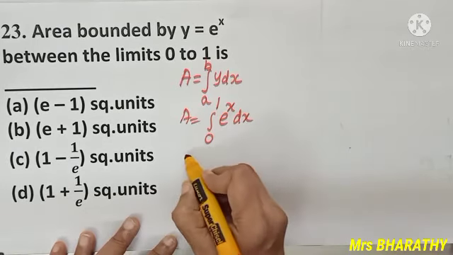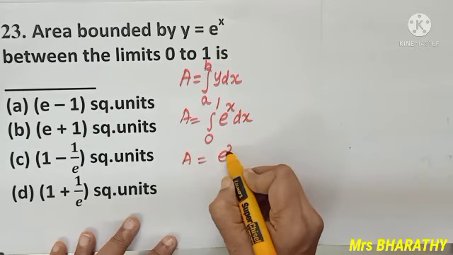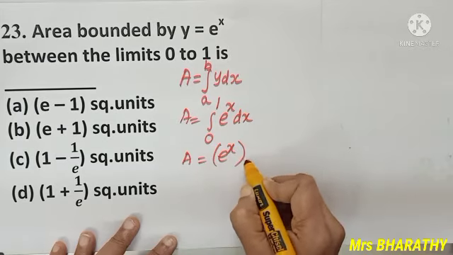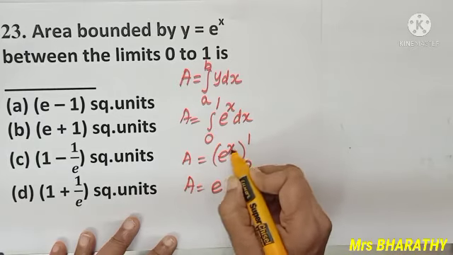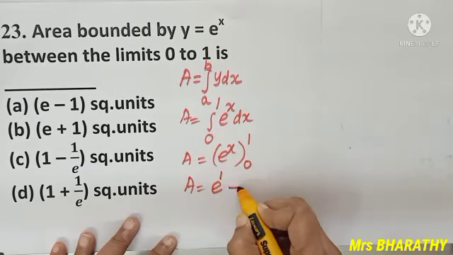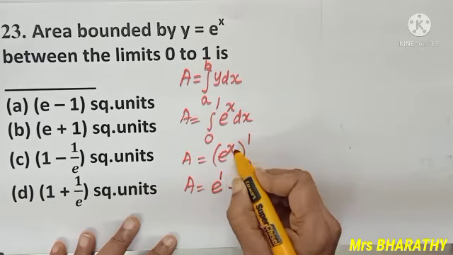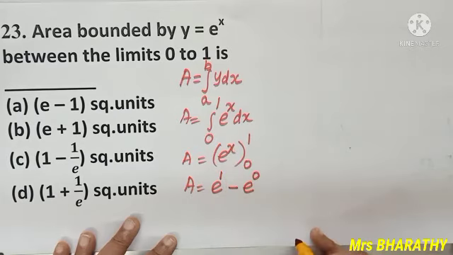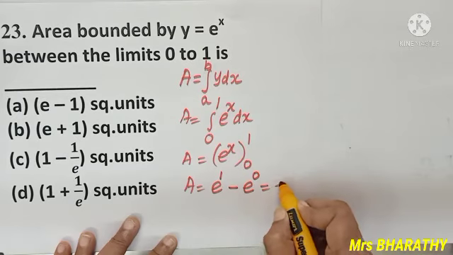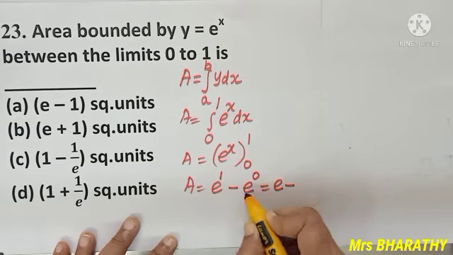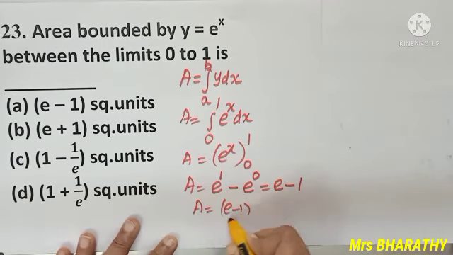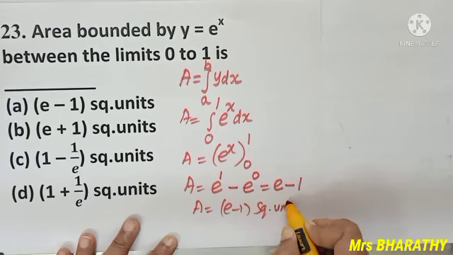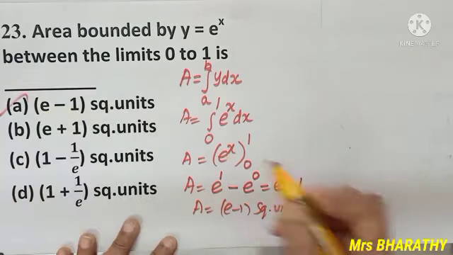The integral of e power x is also e power x between the limits 0 and 1. Wherever x comes, put upper limit 1, minus wherever x comes, put lower limit 0. E power 1 is e and e power 0 is 1. So area is e minus 1 square units and option A is the right choice.